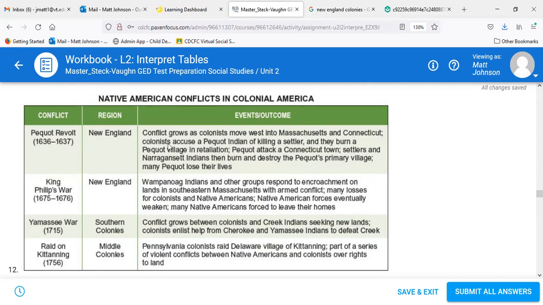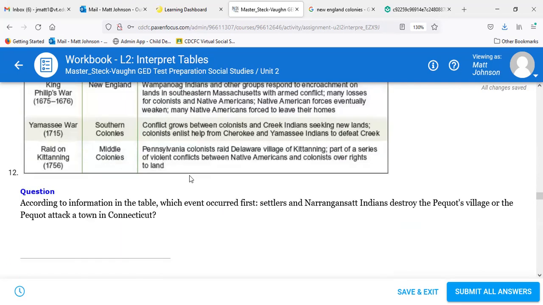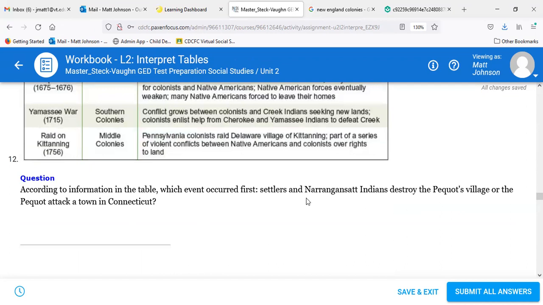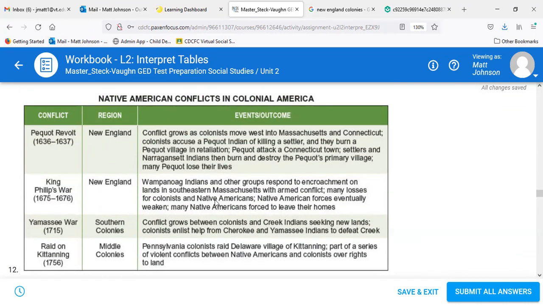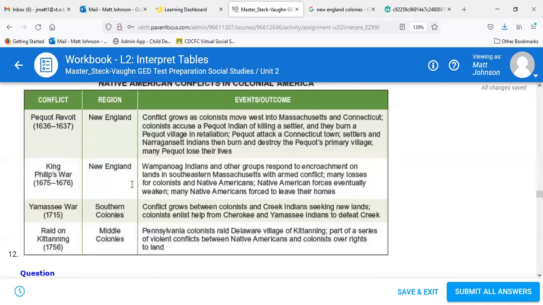If you read through here, basically the colonists accuse a Pequot Indian of killing a settler, and they burned the Pequot village in retaliation. But what they're talking about here in the text is whether the settlers and Narragansett Indians destroy the Pequot village or the Pequots attack. So for this purpose, the Pequot attack on a Connecticut town happens before the Narragansett Indians get involved.